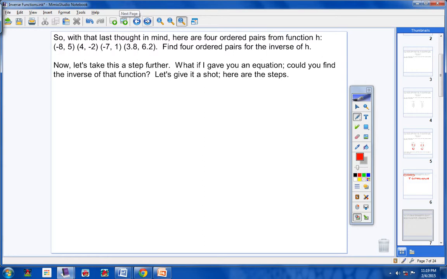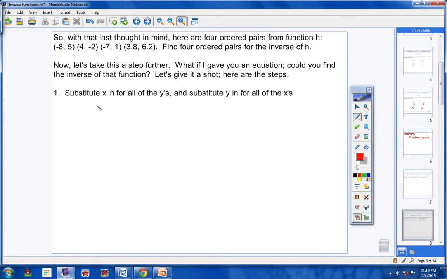Please copy these down. Number 1, substitute x for all of the y's, and substitute y for all the x's. Now let's pause and think about that. Doesn't that make sense? I mean, we already said that true inverse functions have their domains and ranges swapped, and of course domain refers to your x's and range refers to your y's.